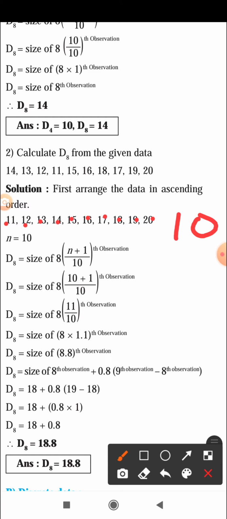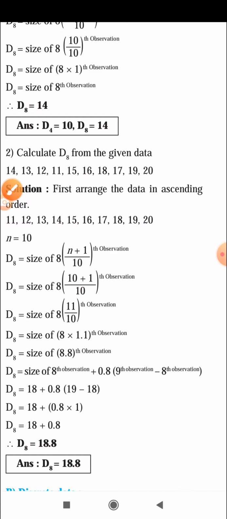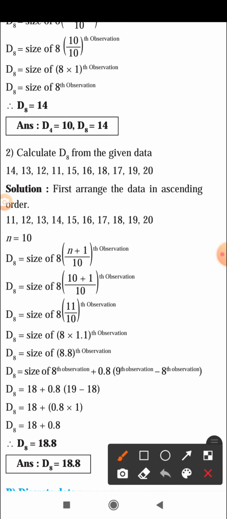We are calculating decile 8. So D8 is equal to size of 8 into n plus 1 upon 10 bracket complete observation. That is the formula.